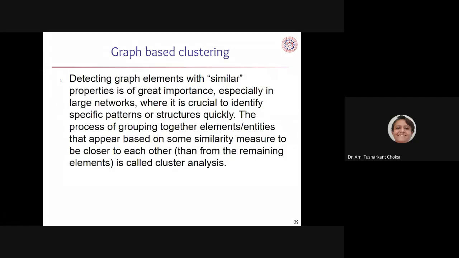So detecting graph elements with similar properties is of great importance, especially in large networks where it is crucial to identify specific patterns or structures quickly.